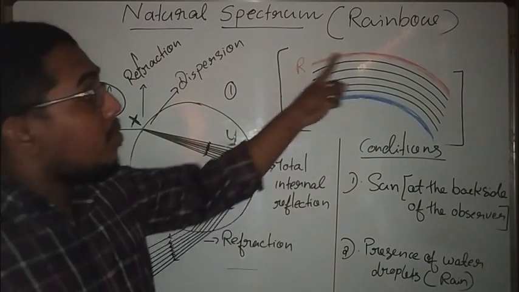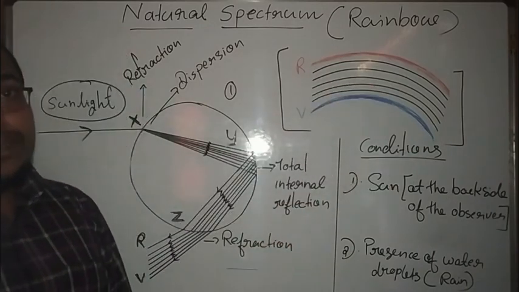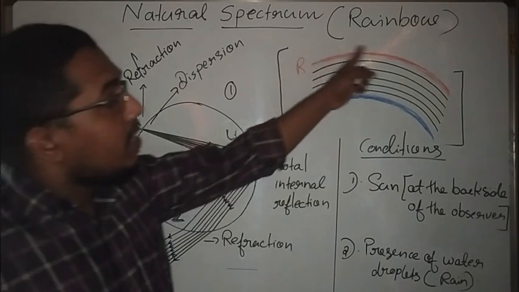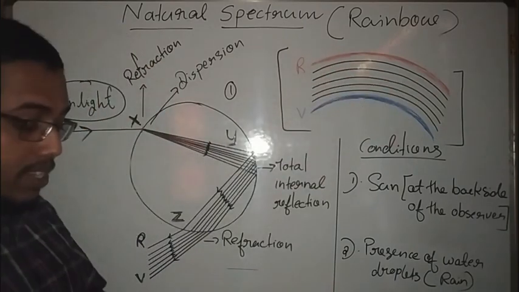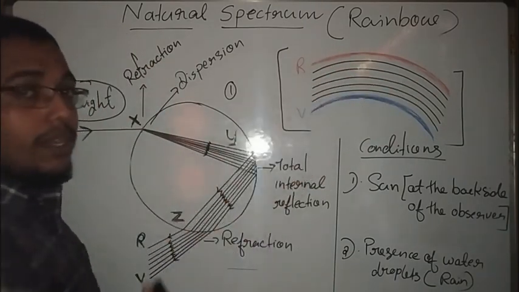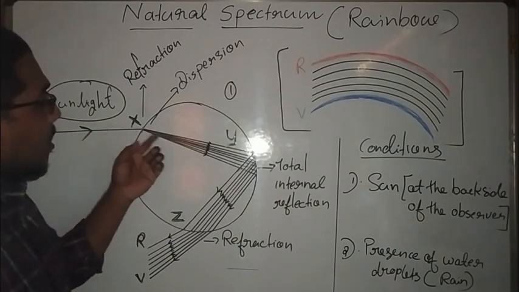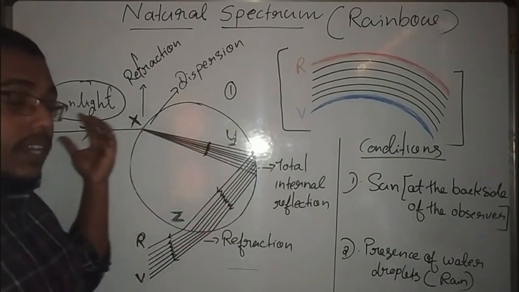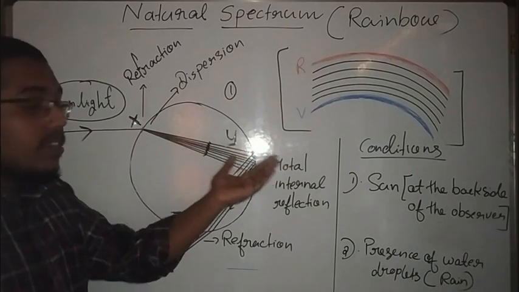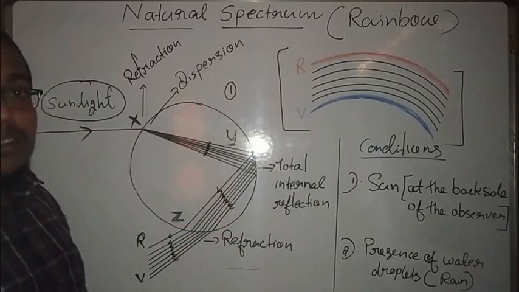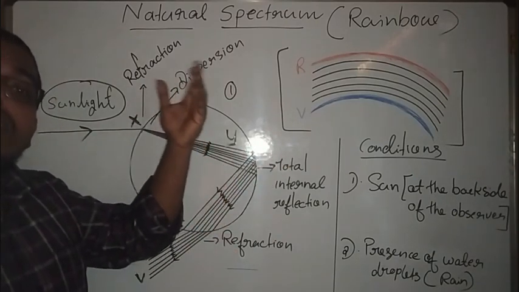Actually, the rainbow is a complete circle. Then why is it curved like this? It is because the rays are reflecting and refracting at different angles, and it will be slightly different for each and every droplet.